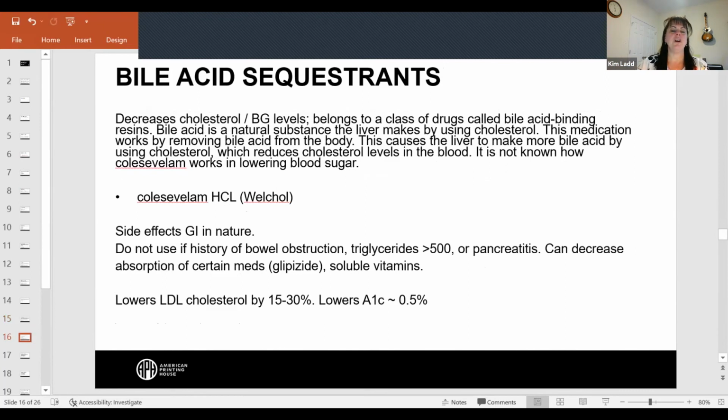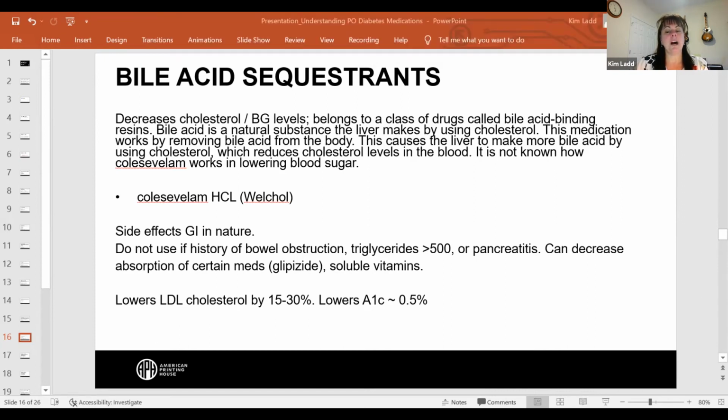Okay, bile acid sequestrants. This medication decreases your cholesterol levels and your blood sugar levels. It is a class of drugs called bile acid binding resins. So bile acid is a natural substance that your liver makes out of cholesterol.